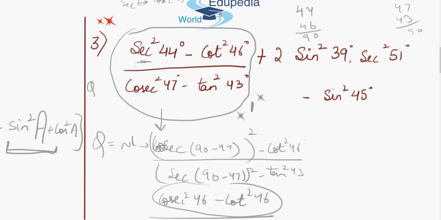Now let us check what the second part will give us. The second part says plus 2 sine square 39 degree into secant square 51 degree.